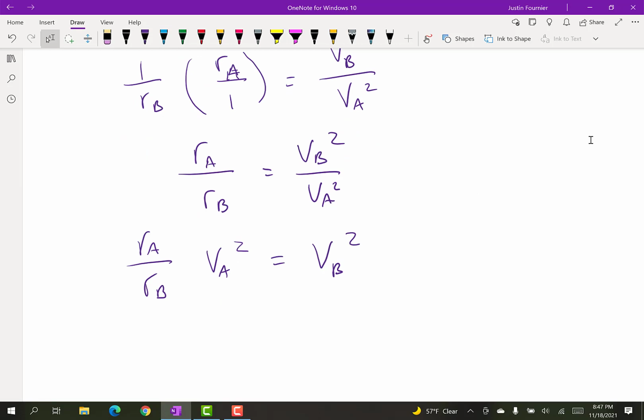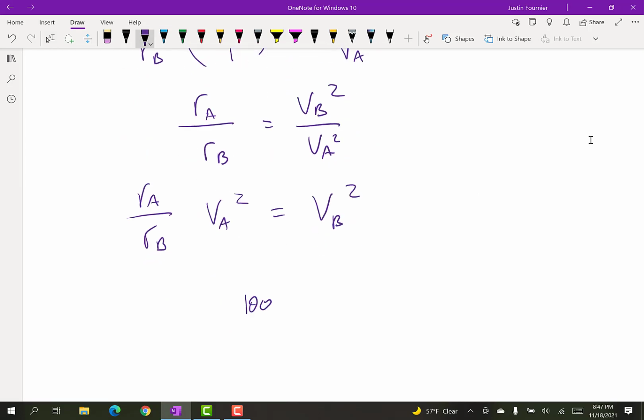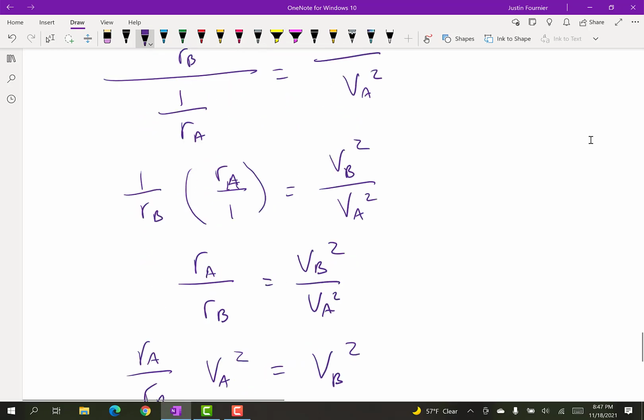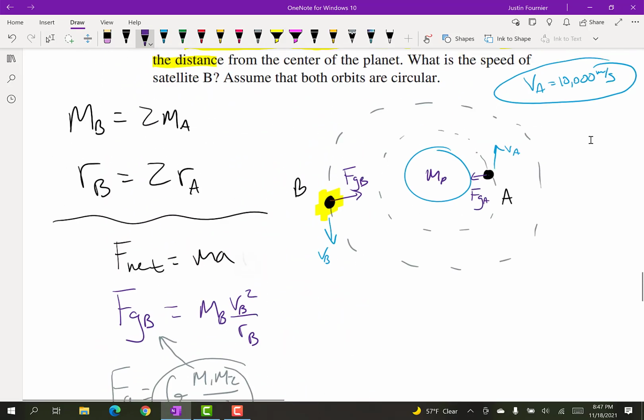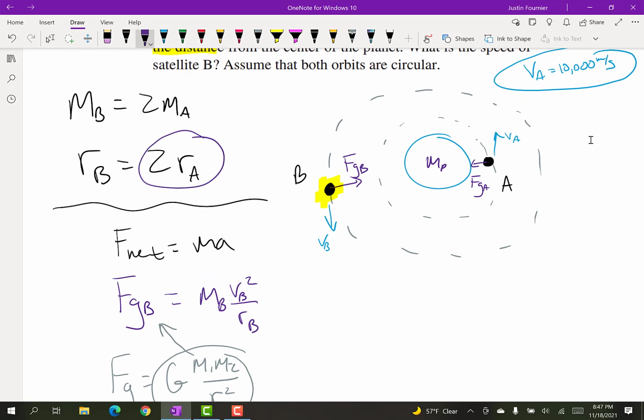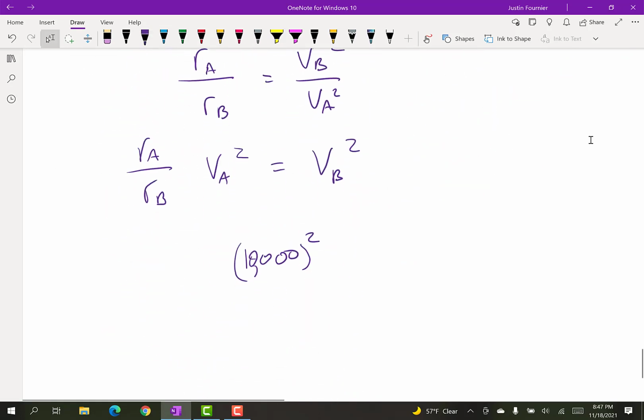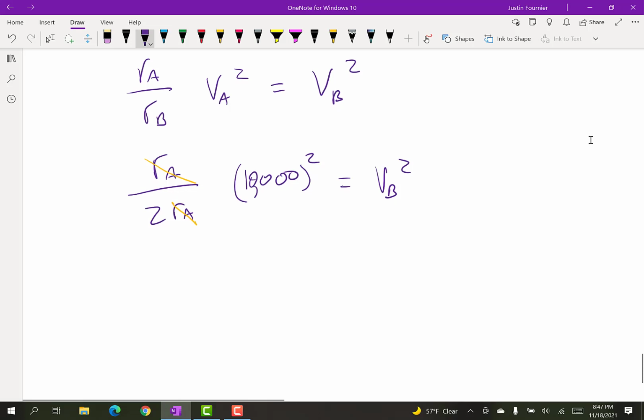So let's see, vA is 10,000. I'm just going to square all that. And then rA over rB. rB is twice rA, so I'm just going to replace rB with twice rA. So I got rA divided by twice rA, and rA is going to cancel out, so I got a half. And that's going to equal vB squared. So I'm going to take the square root of both sides at the end.